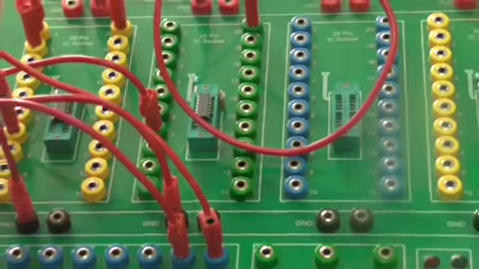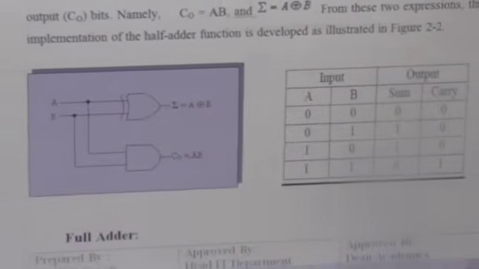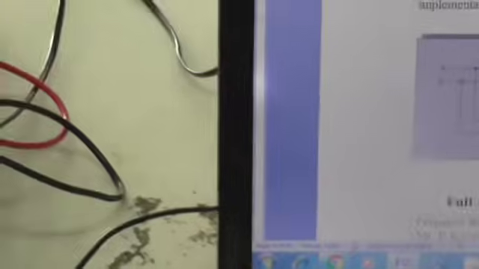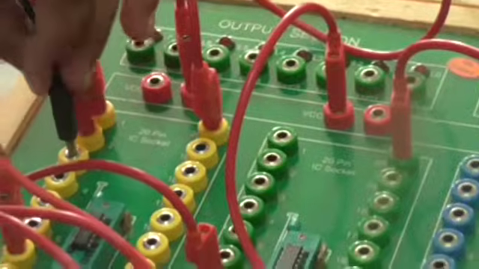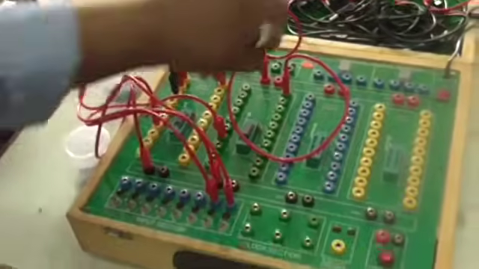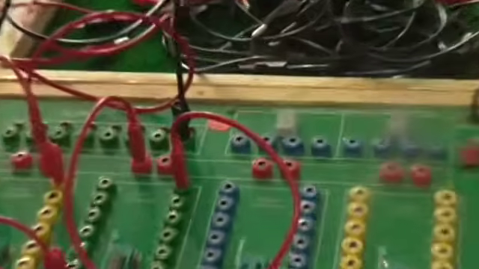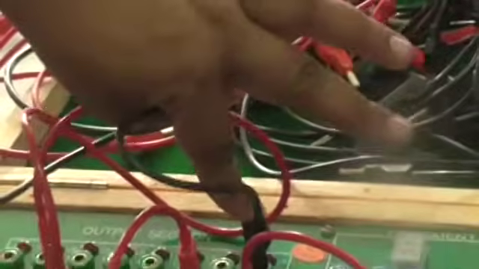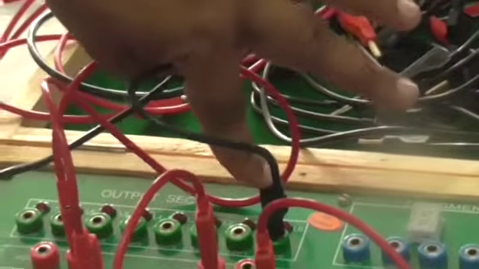Now it produces the output A XOR B. We always use a black wire for denoting the output. Now the third pin is our output, which will be connected to the output section. Here we are getting the XOR gate output, which means the Sum, in the first slot.